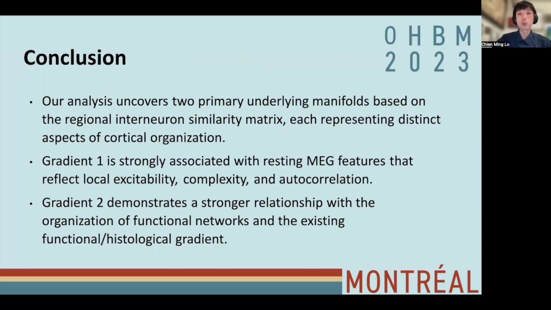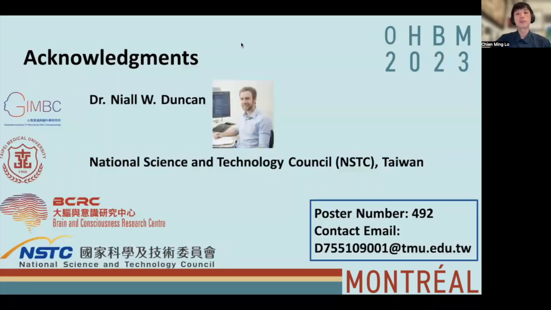Gradient 2 demonstrates a more pronounced association with the organization of functional networks and also the existing functional and histological gradients. These findings provide a bridge between neuroimaging features and the underlying microstructural characteristics, specifically the interneuron expression similarity.